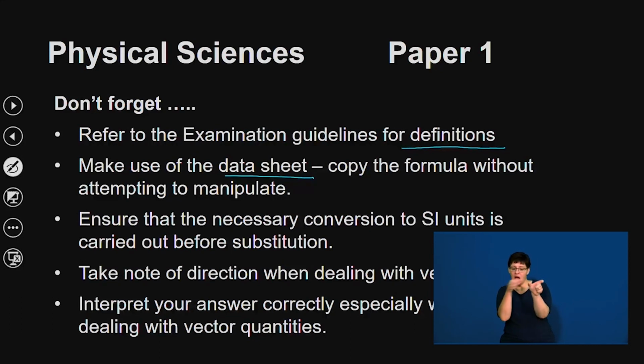This is always provided. Ensure that the conversion of units is covered, and the direction when dealing with vectors. And because this is physics, make sure that you interpret your answer. Due to time constraints, we can go on and on, but these are just examples of some of the things that you need to revisit. For now, over to you, Lonnie.